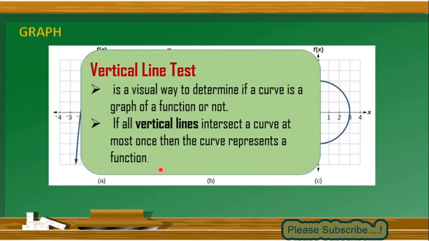A vertical line test is a visual way to determine if a curve is a graph of a function or not. If all the vertical lines intersect a curve at most once, then the curve represents a function.